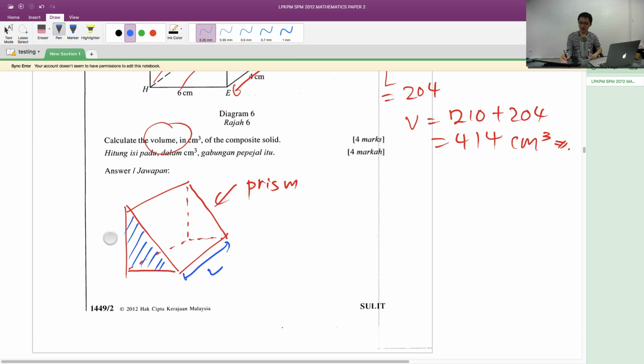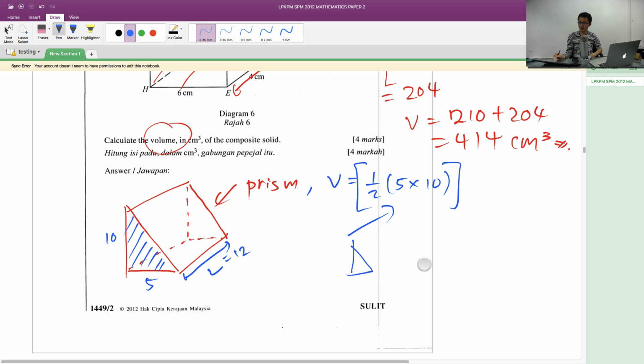Let's say this is 10, this is 5, and the length here is 12. In order to get this volume, I will find one of the identical areas, which is half multiply base multiply height. And the whole thing needs to be multiplied because this is only for the triangle, but it's not for volume. So for volume I have to multiply the length or height, 12. Then I can get the total volume.